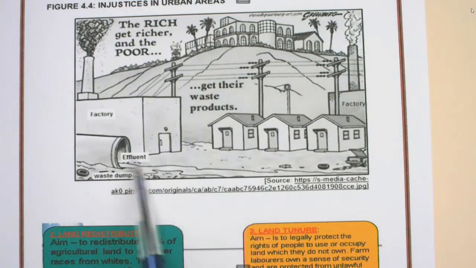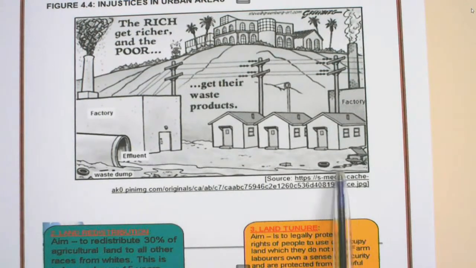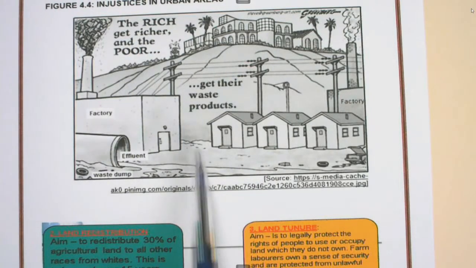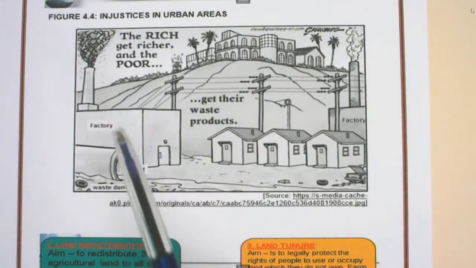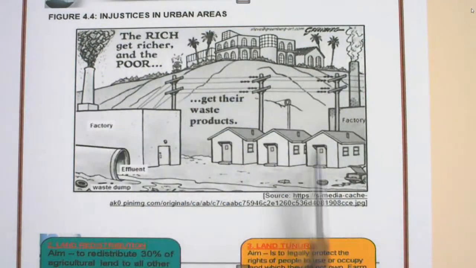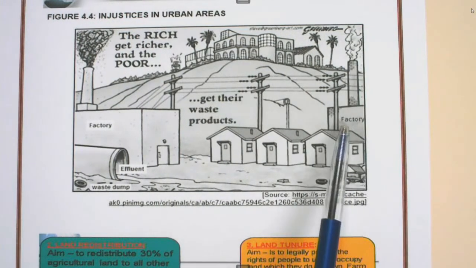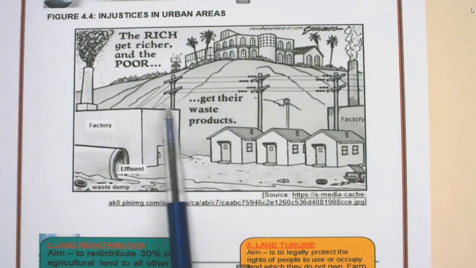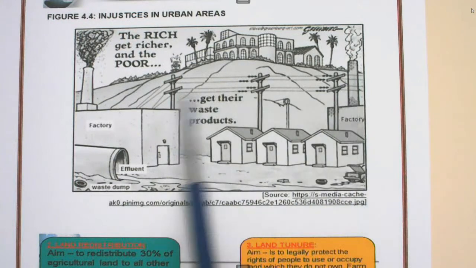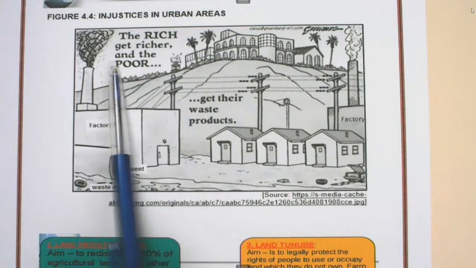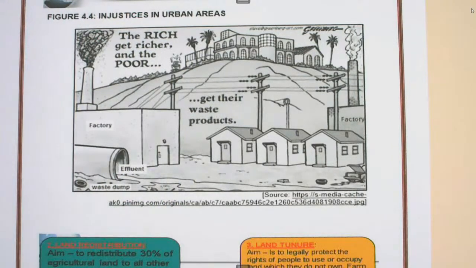Look at the effluent that is flowing just in front of the buildings. These are the things that will act as injustices in the urban areas. People who live here are likely to suffer from the effects of pollution from factories and also from people who rob electricity, etc. The rich get richer and the poor become poorer.